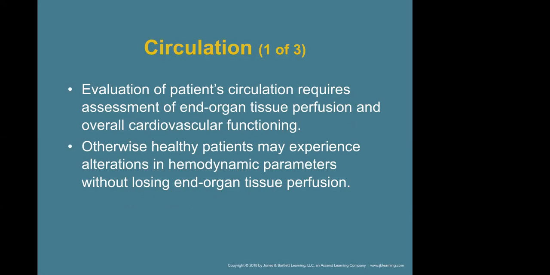Evaluation of circulation is more about perfusion in these cases and not distal circulation as we would normally be worried about. So we're looking for signs of VQ mismatch in these patients, and we're looking for actual end organ tissue perfusion.